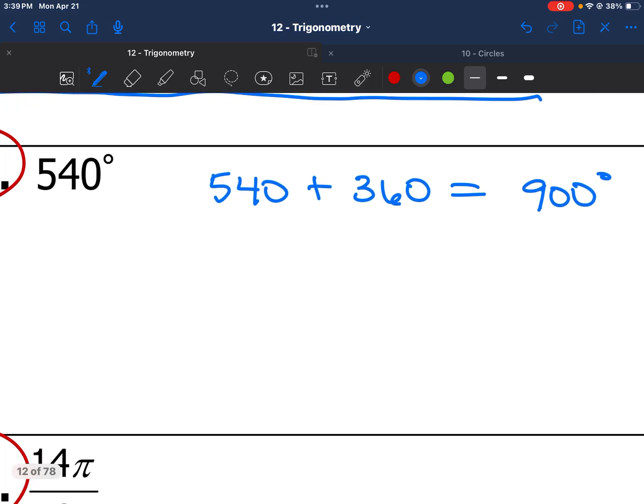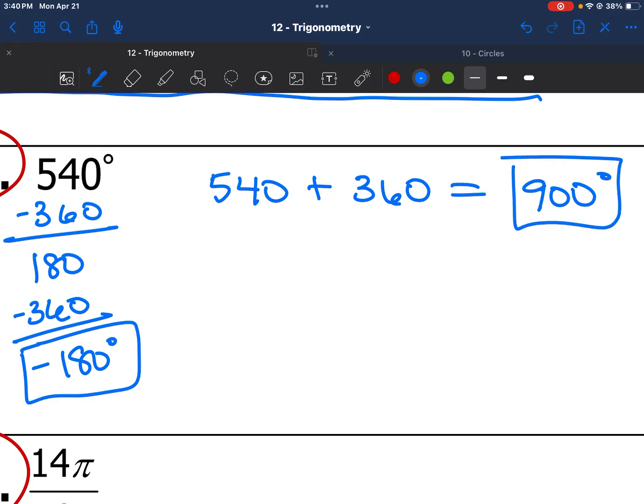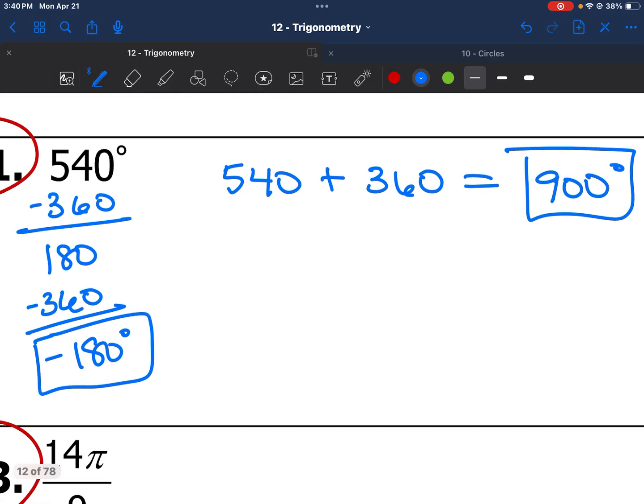Well, if I go 540 minus 360, I'm at 180. And that is still positive, so I'd need to do it one more time. If I subtract 360 twice, then I will get negative 180. And so that would be another coterminal angle, 900 and negative 180.